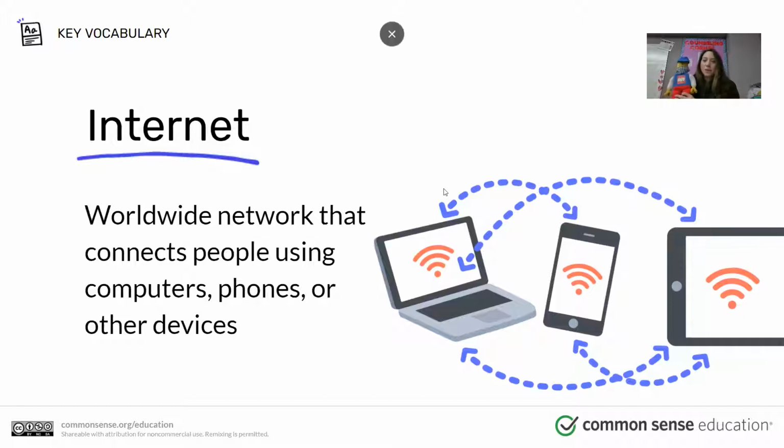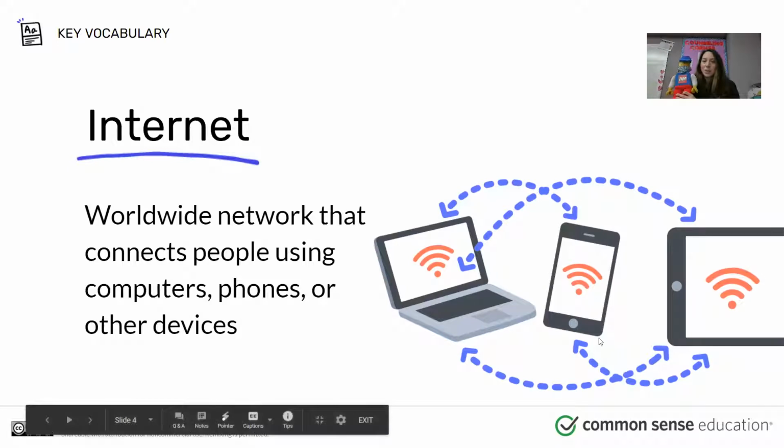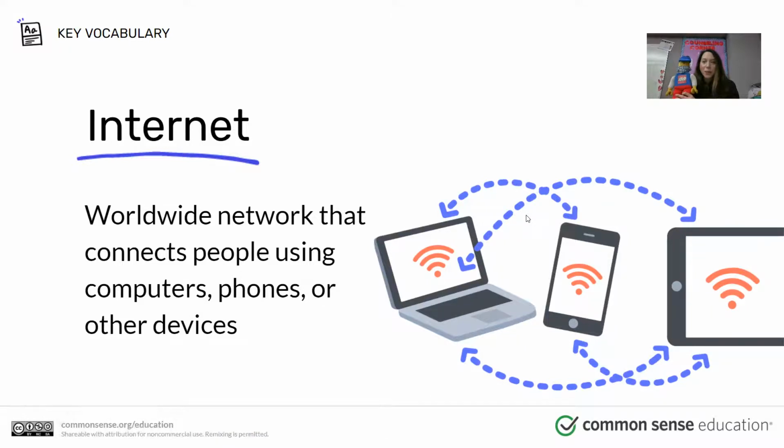And you see all these blue arrows. These are like the invisible connections between all of the devices. We can't see the connections, they're invisible, but we can use it because we get connected and we can see people through our devices, but we just don't really see the internet.